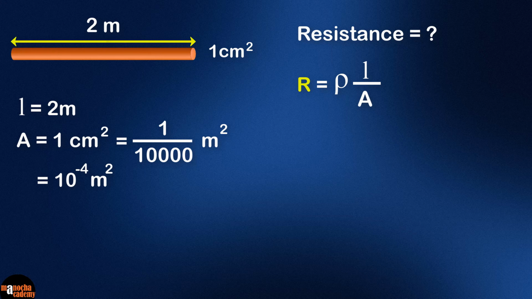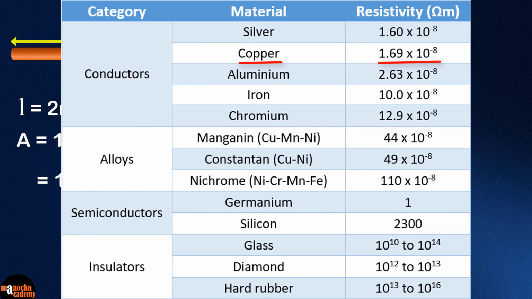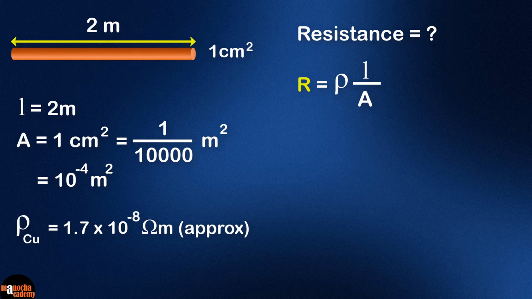We can take the value of resistivity of copper from our table. Resistivity rho of copper is 1.7 into 10 to the power minus 8 ohm meter. Since no temperature is given, we are assuming the temperature to be 20 degrees centigrade.